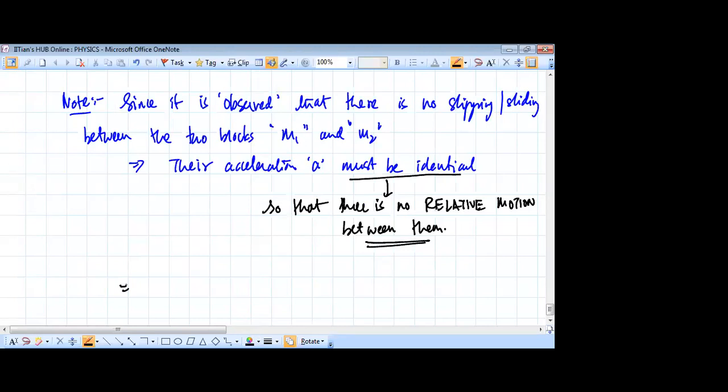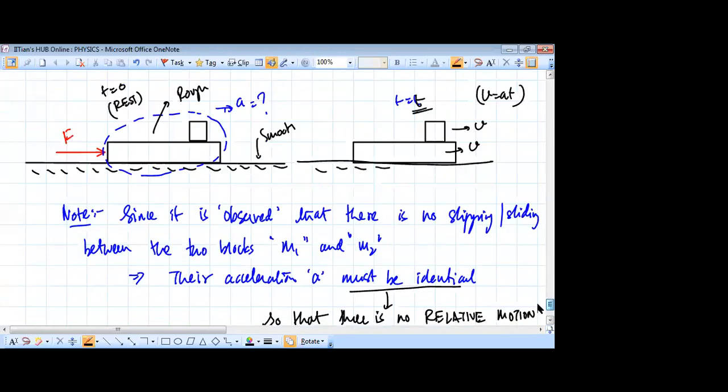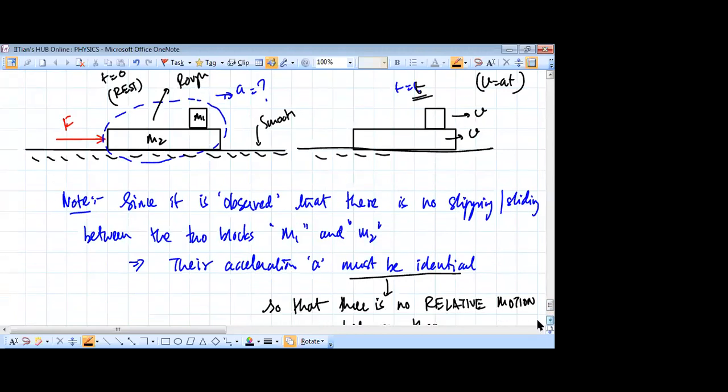That implies that now, individually trying to understand each of the blocks, let's figure out what all forces are acting on them. This block is of mass m2, this block is of mass m1. So now let us analyze the individual forces on each of the blocks.